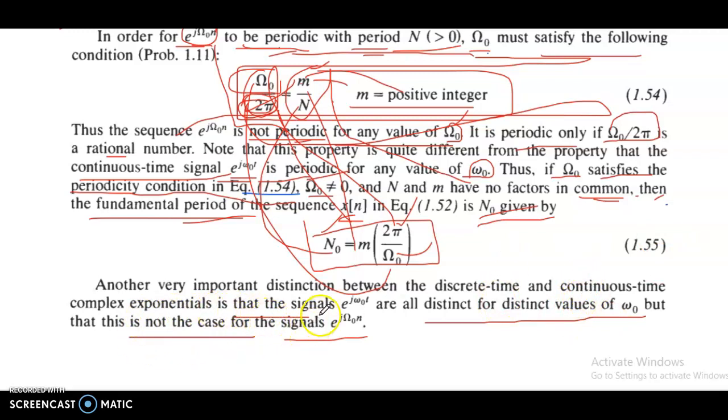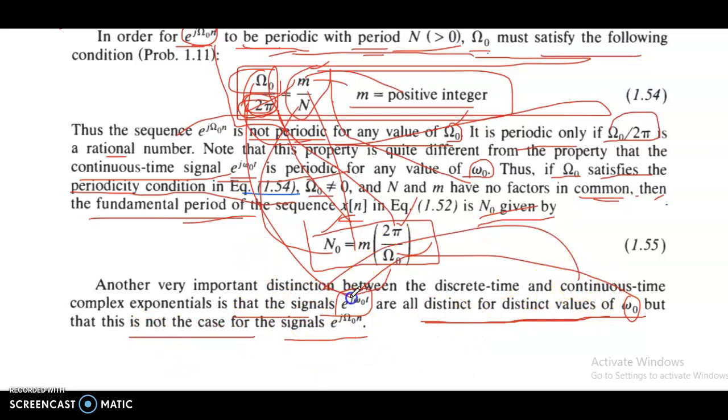That is, the signals e power j omega naught t are all distinct for distinct values of omega naught. But this is not the case in discrete time signals.